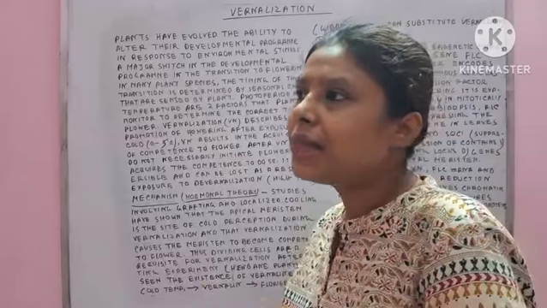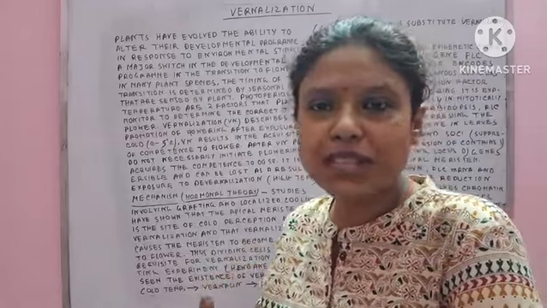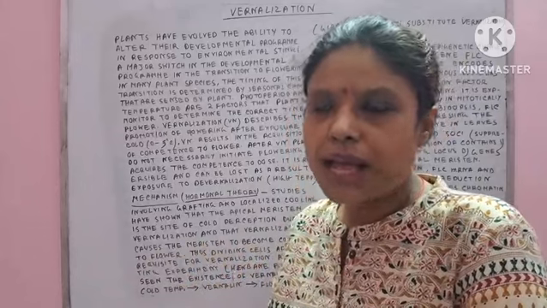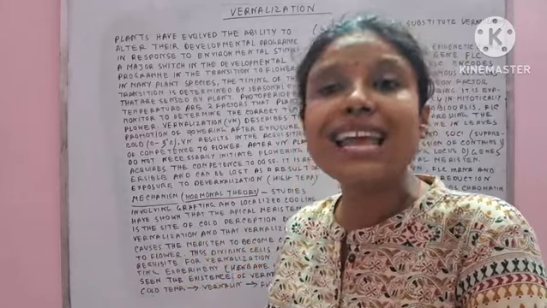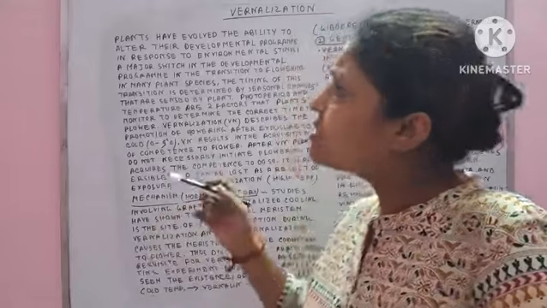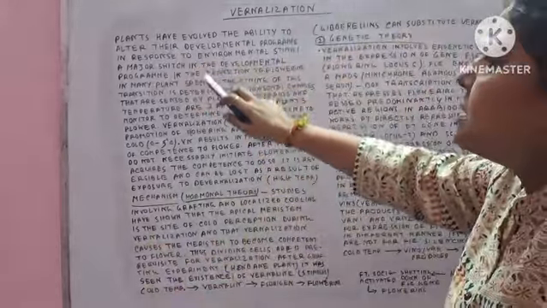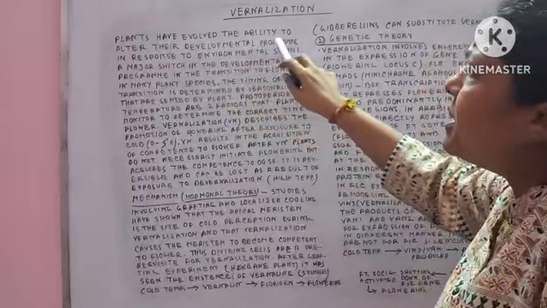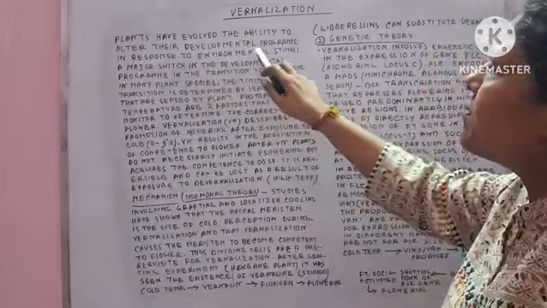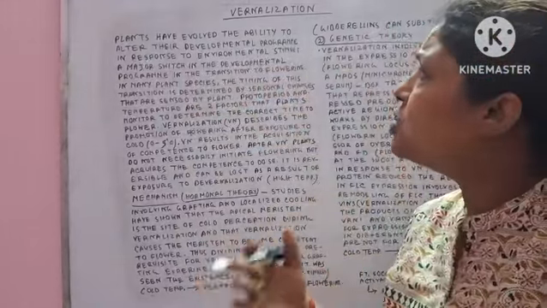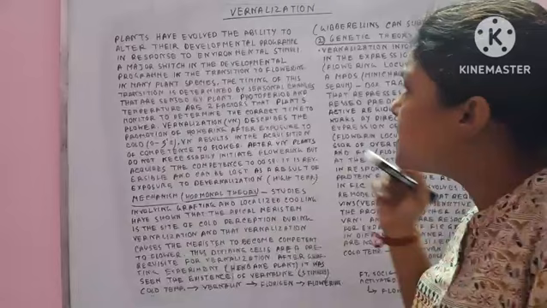That means we always have to accustom ourselves to the environment, for our growth and obviously for our existence. So plants have to adjust to the environment, and that's why it says their developmental program is in response to environmental stimuli. That means their development is generally related to environmental stimuli.